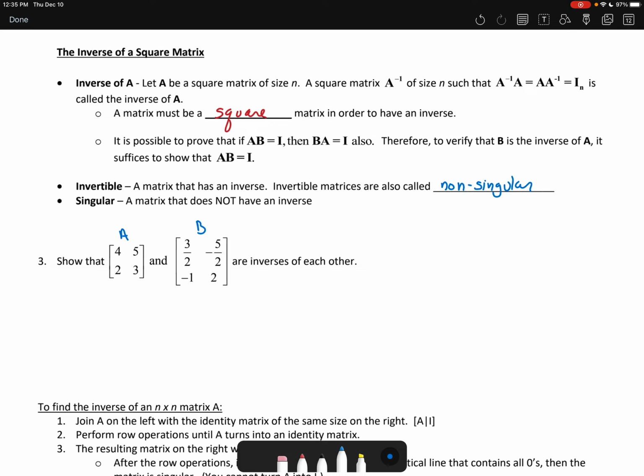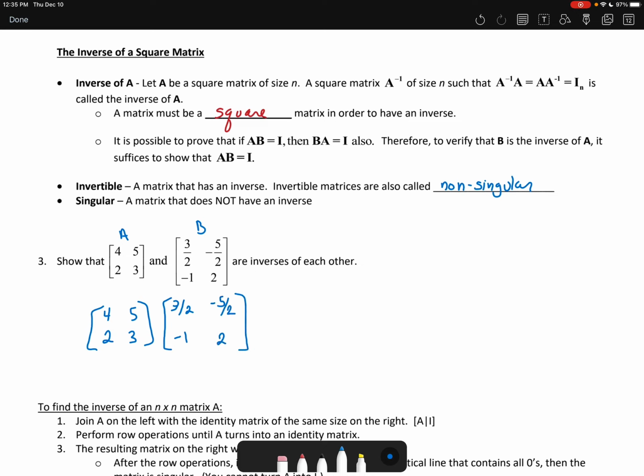So again, you're supposed to multiply them both directions and show that you get the identity matrix back, but we can just choose to multiply only one direction. So let's try the way that they're just given to us. Let's multiply A times B and show that we get the identity matrix of size 2 back from this.